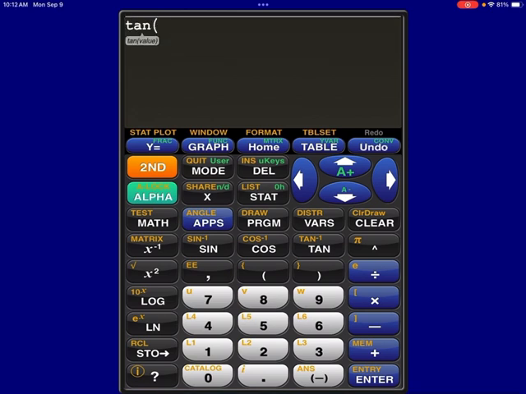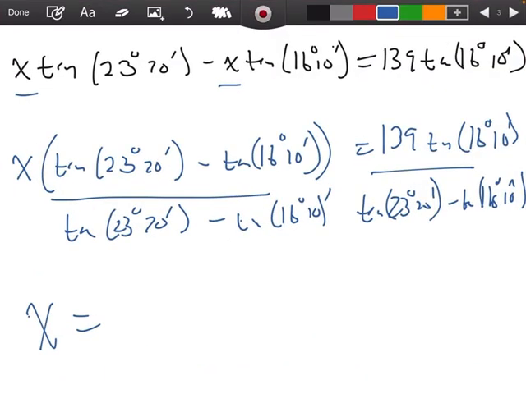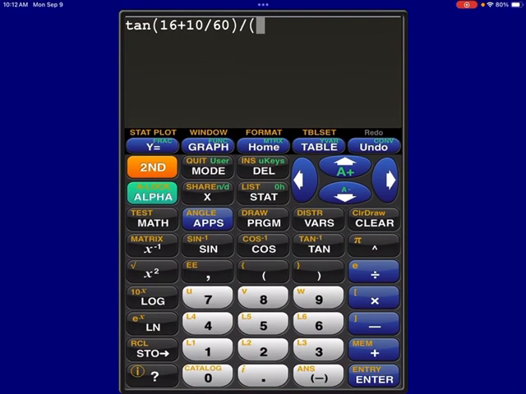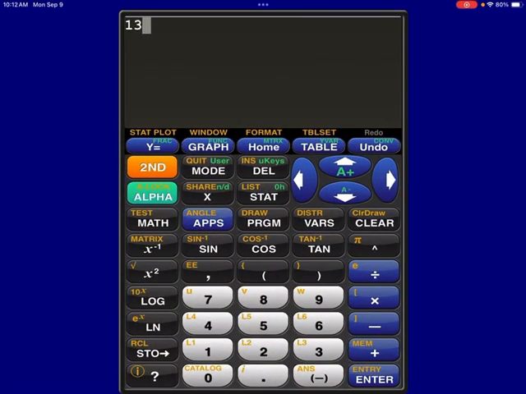On my numerator, I forgot the 139. So 139 tangent of 16 degrees and 10 minutes, so I'm going to write that 10 as 10 over 60.